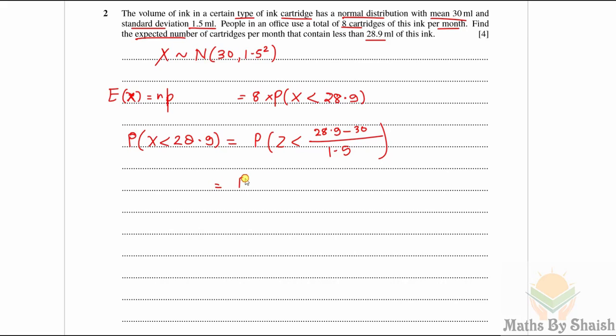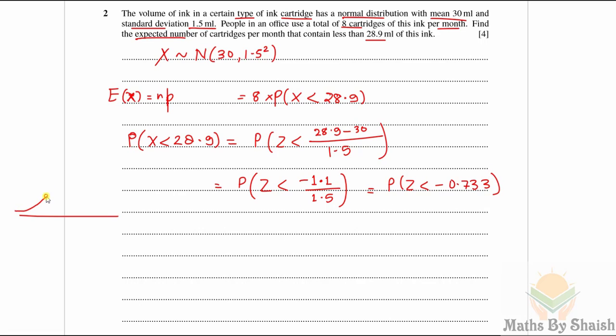So it is the probability of Z less than (28.9 minus 30), that is minus 1.1, over 1.5. This is equal to the probability of Z less than minus 0.733 and so on. We only require up to 3 decimal places.